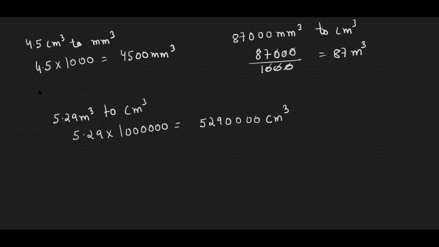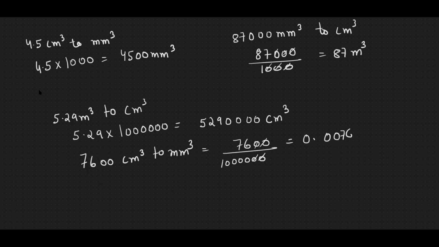And 7600 centimeter cube to meter cube. Then what will we do? 7600 divided by 1, 2, 3, 4, 5, 6 zeros. This will be 0.0076 meter cube.